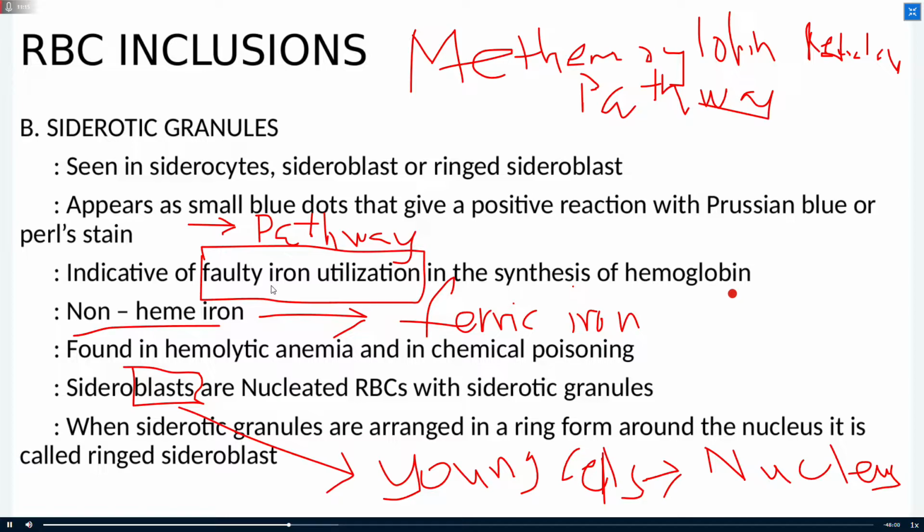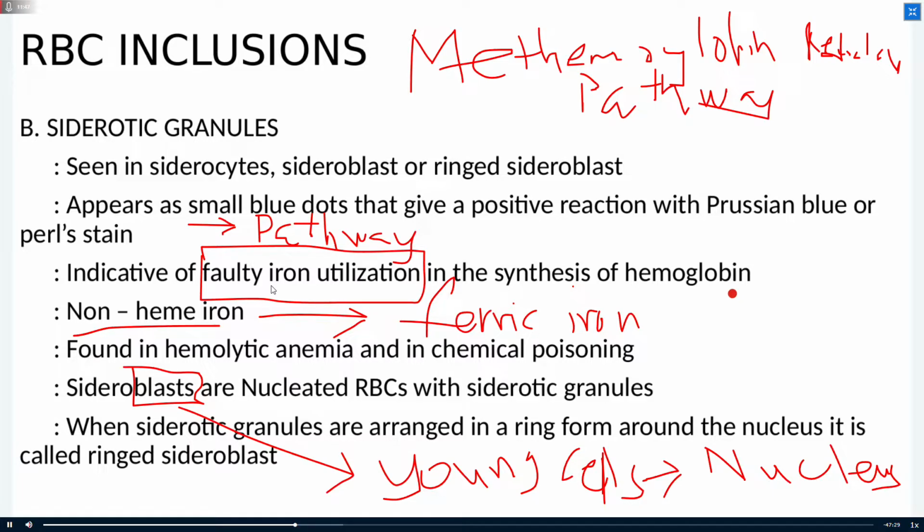They appear as small blue dots that give a positive reaction with Prussian blue or pearl stain. Siderotic granules' presence usually indicates faulty iron utilization in the methemoglobin reductase pathway. Your siderotic granules, class, when asked what is its composition, is ferric iron or non-heme iron.